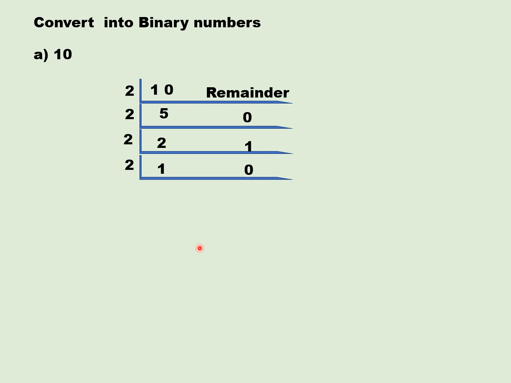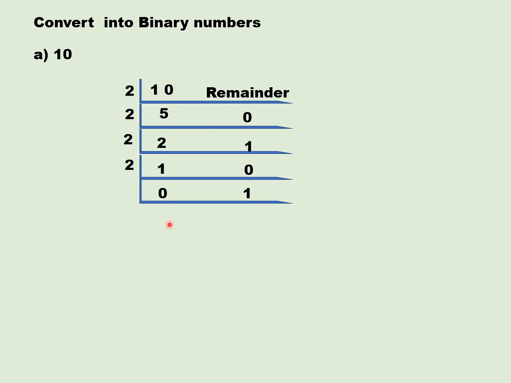If you divide 1 by 2, you cannot divide that one. The quotient will be 0, but 1 will be the remainder. There is no 2 in 1, so the quotient will be 0 and 1 will still remain as a remainder. Now this division is completed because we have got 0 in the quotient section.